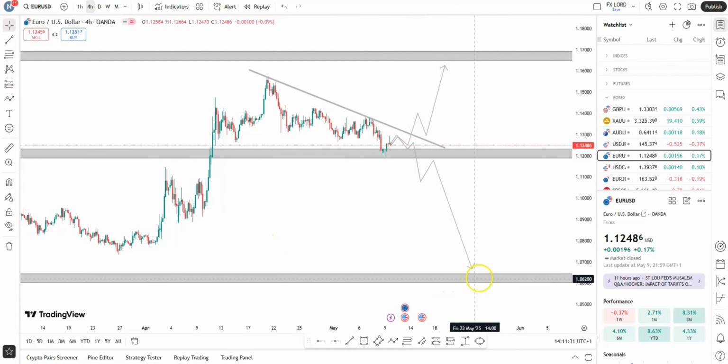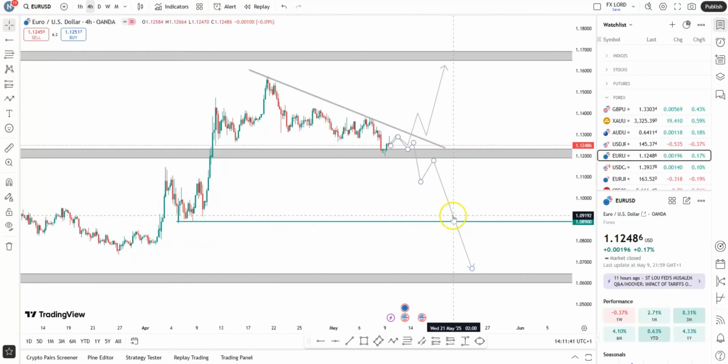But I'm not sure it's going to come down this far. I'm just going to target this area. Maybe just target here. So this is going to be my target on Euro USD if the market breaks to the downside. And if it breaks to the upside, this area is going to be my target.